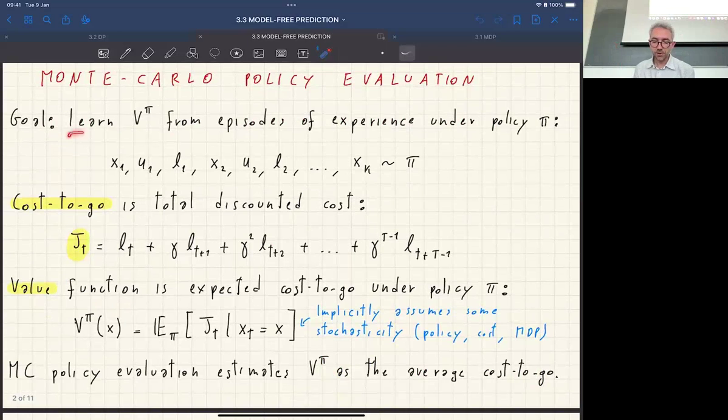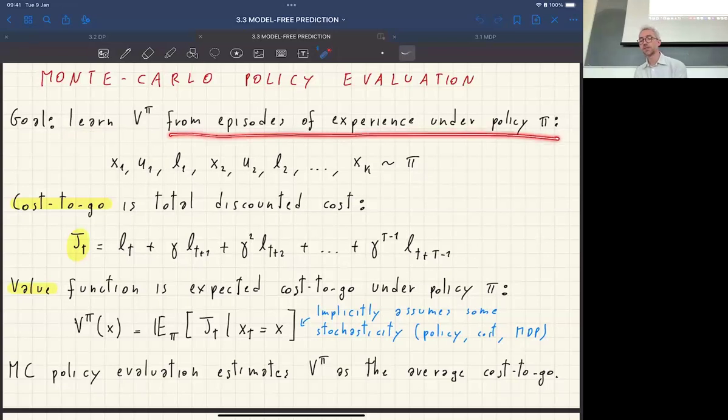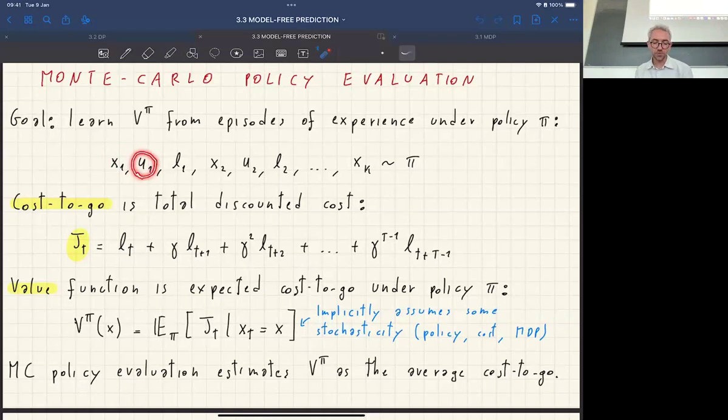So the goal is to learn the value of a policy, V pi, from episodes of experience collected under the policy pi. So what you see in practice is that you start from a given state, which you can measure, x1. You apply some control input computed by the policy pi. That gives you the control input u1.